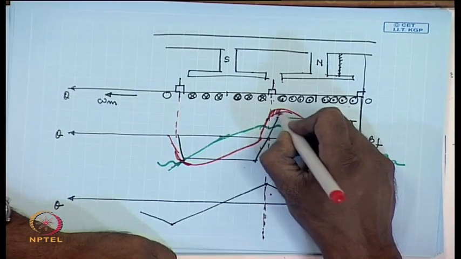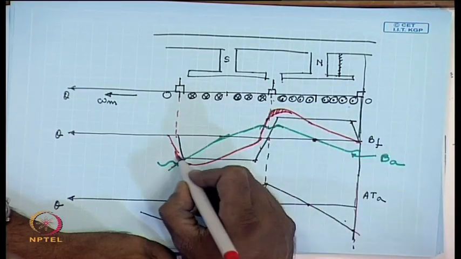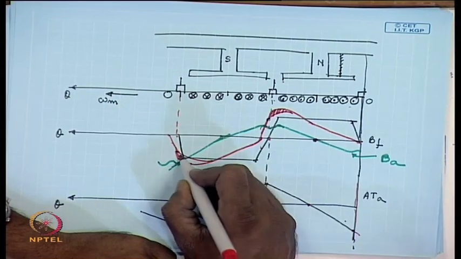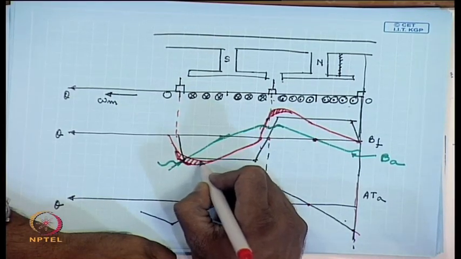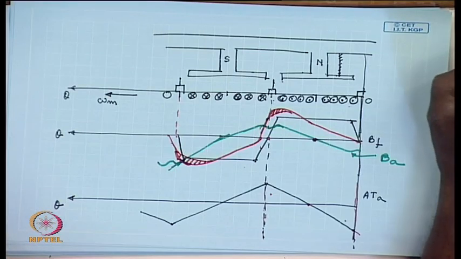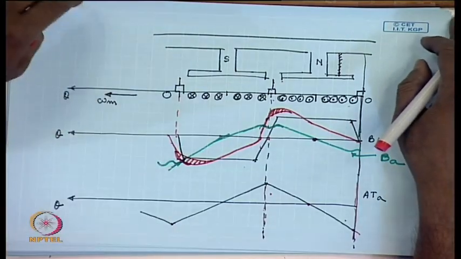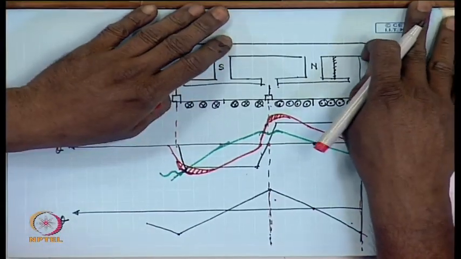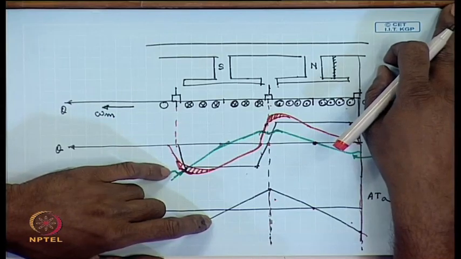So, the decrease will be more than the increase. Therefore, there will be a net demagnetization of the field flux, that is, the flux per pole phi p will reduce, and hence the induced voltage will also reduce.